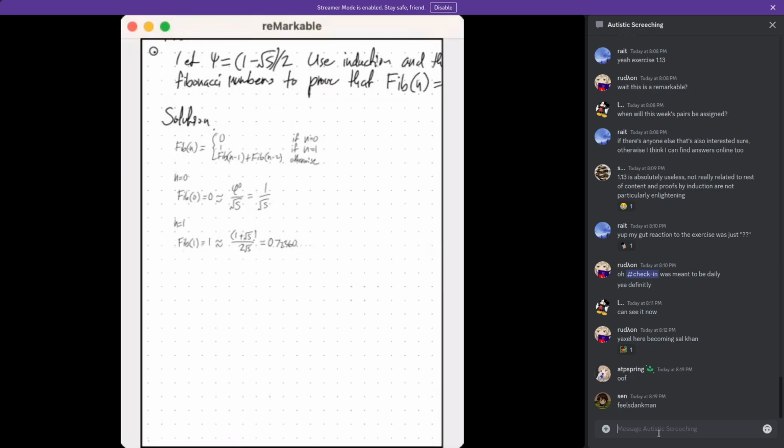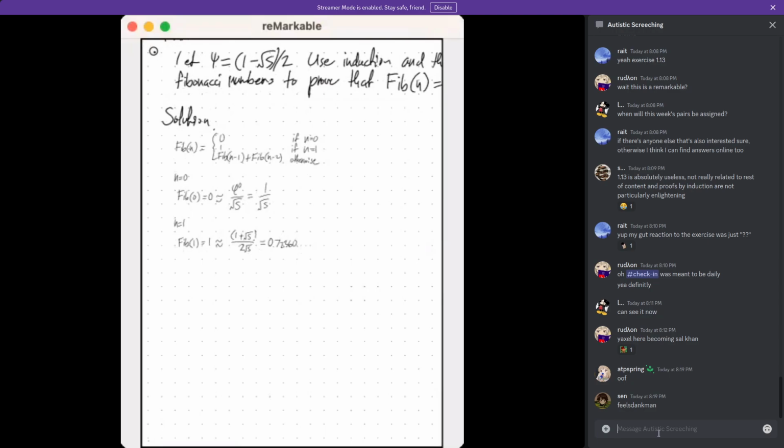Let me think here. So we have our base cases, and those seem to make sense. This holds for 0 and 1, right? And if I remember correctly, we know that.